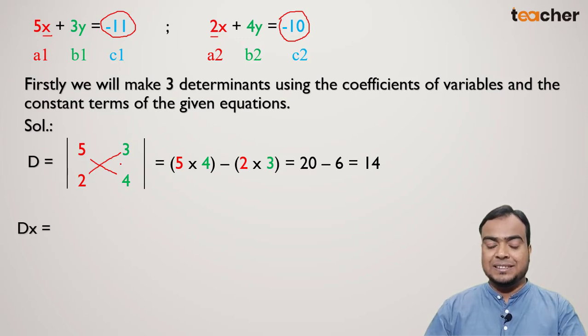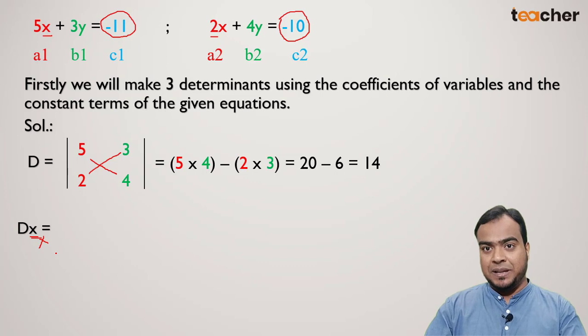Now we will form the next determinant, Dx. This determinant Dx will consist of the coefficients of y and the constant terms. Actually, when we are writing Dx, in this determinant we will not write the coefficients of x. Instead, at their place we will write the constant terms.